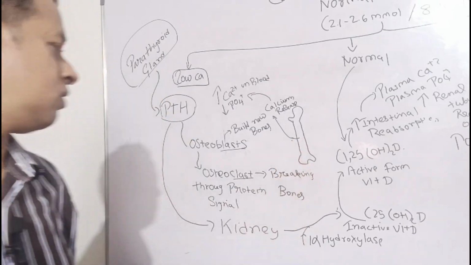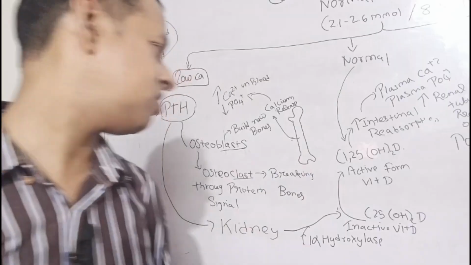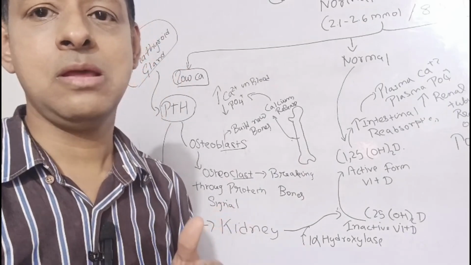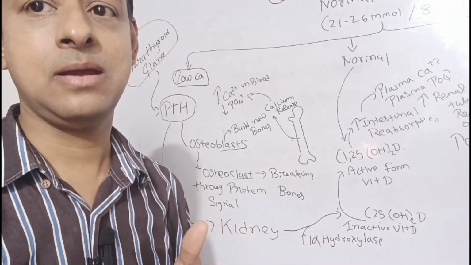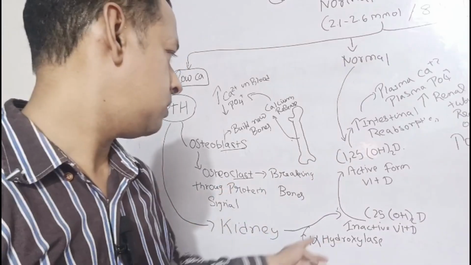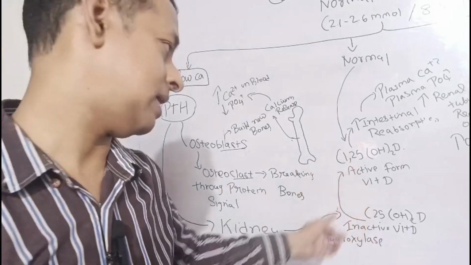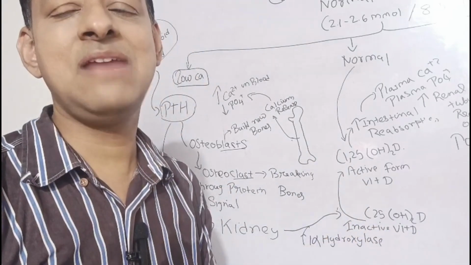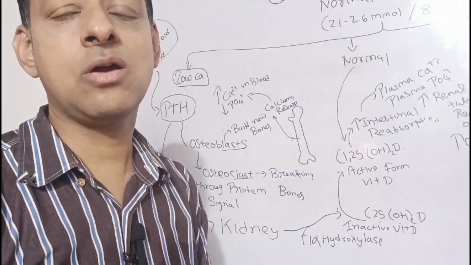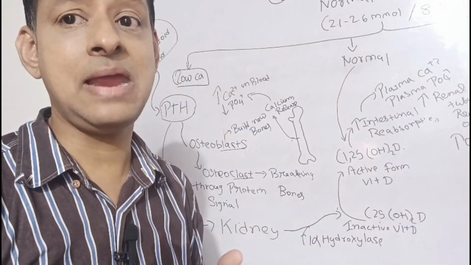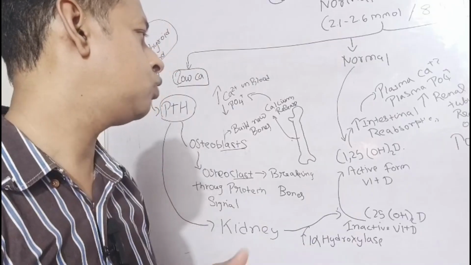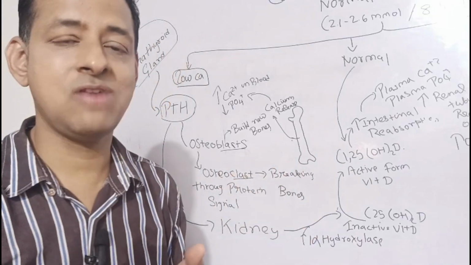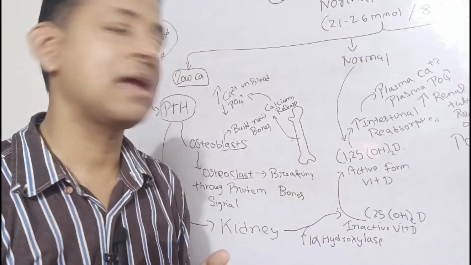Here he uses 1-alpha hydroxylase to activate her. Inactive vitamin D is also known as 25-hydroxycholecalciferol, and the active form of vitamin D is 1,25-dihydroxycholecalciferol.